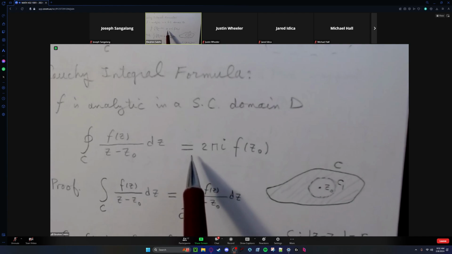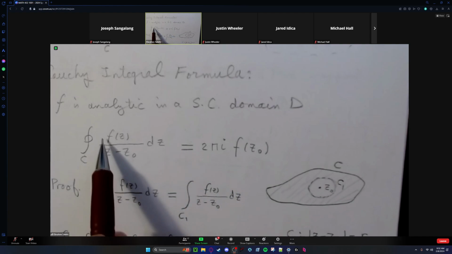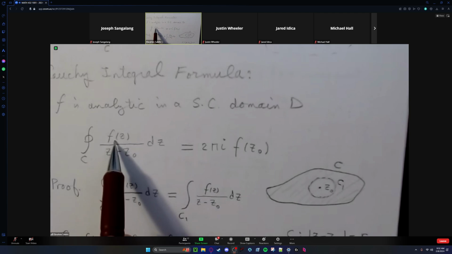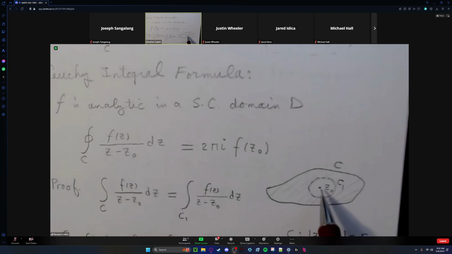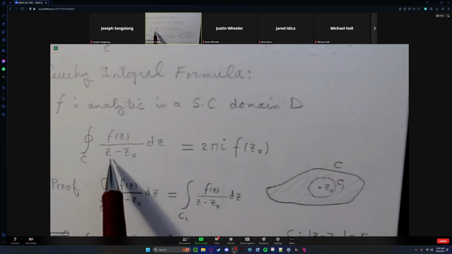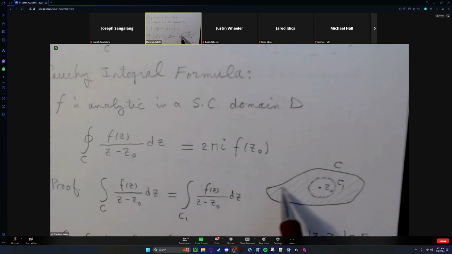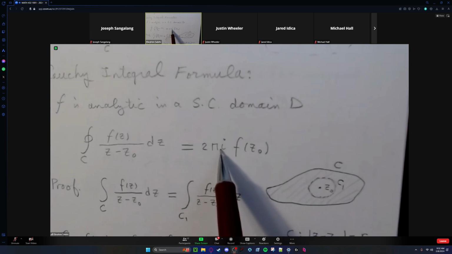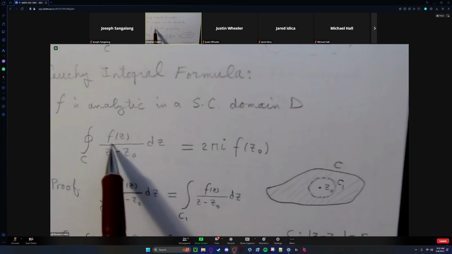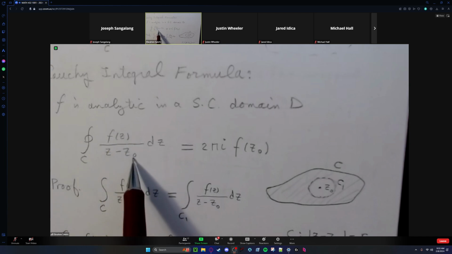So if f of z is nice, but here is a bad point in the denominator. If you integrate over this closed curve, the answer is 2 pi i, the function evaluated at this bad point. Okay? The function evaluated at that bad point.